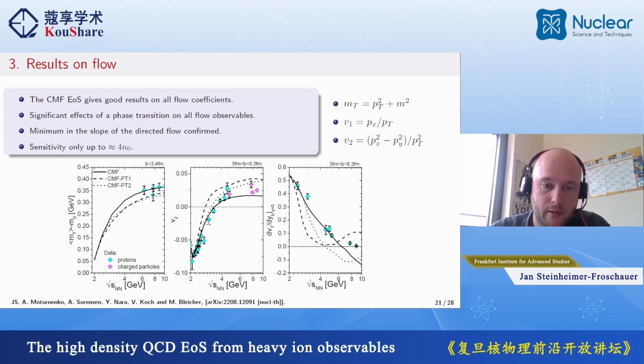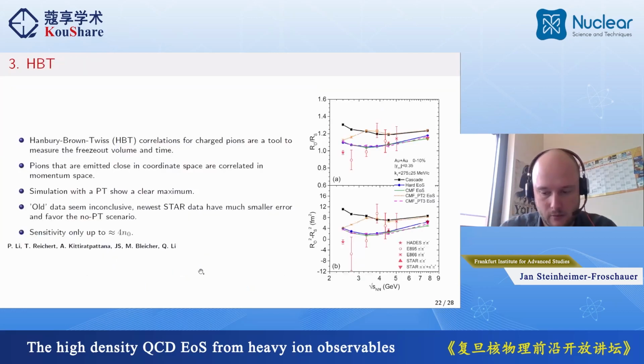If you put in a phase transition, elliptic flow increases significantly, and the mean transverse velocity or mean transverse kinetic energy is reduced significantly, which is also something you would expect. However, what we found in these studies is that we are only sensitive up to about 4 times saturation density regarding the equation of state. But I think it was a very interesting result.